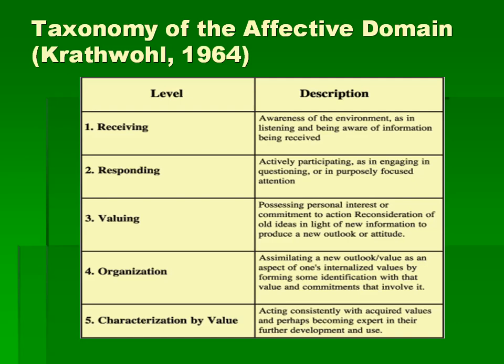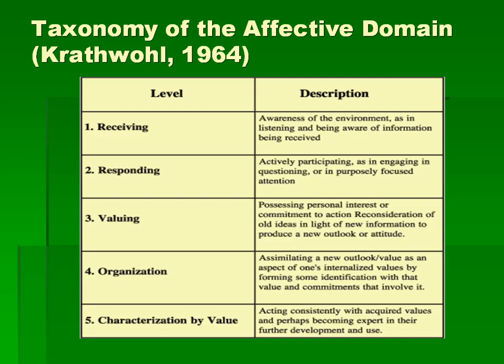He divides behaviors of feelings, attitudes, and values into 5 different categories, which are ordered in a hierarchical way by how internalized they are. So if you're superficially engaged in music or art, you would be categorized maybe as receiving it.